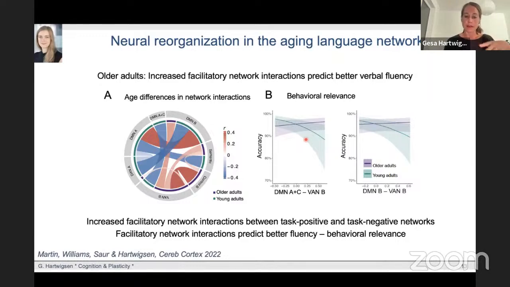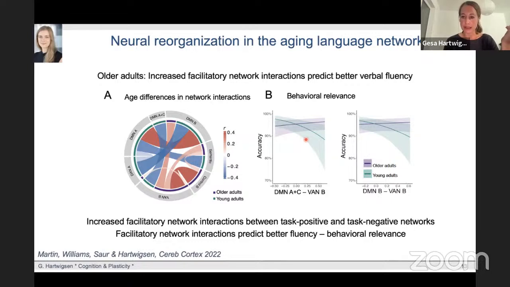So this gives some hints that some of these changes that we see as we age, especially more interactions between networks that usually don't go together or which are usually anti-correlated, are recruited or associated with better task performance, at least with a task that has high executive demands.